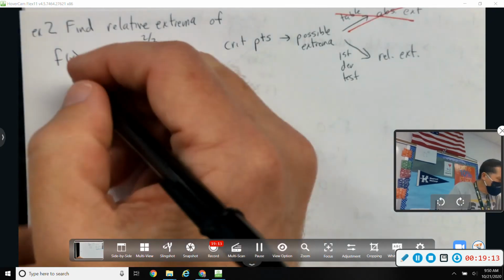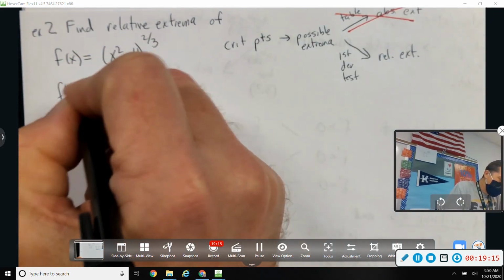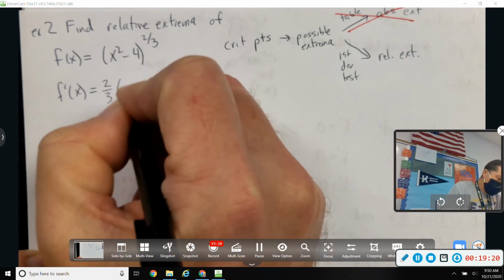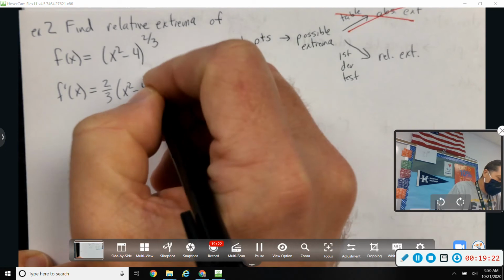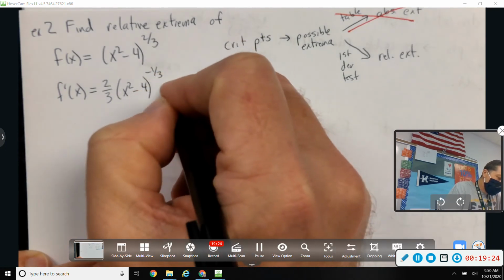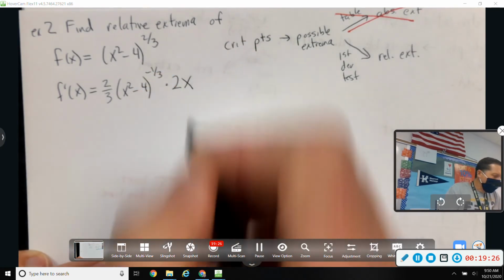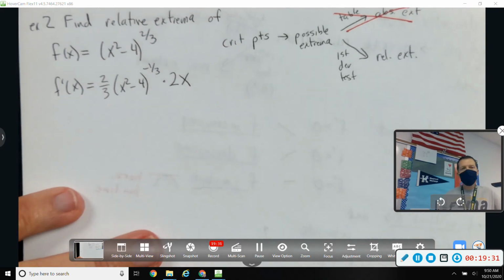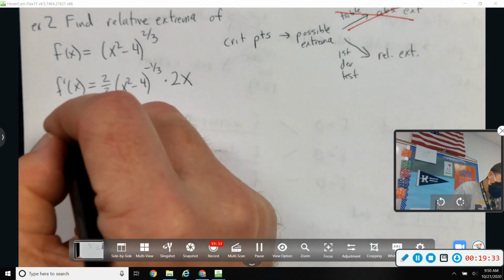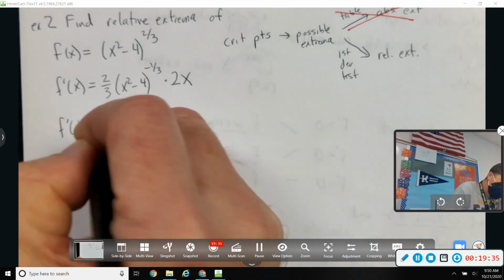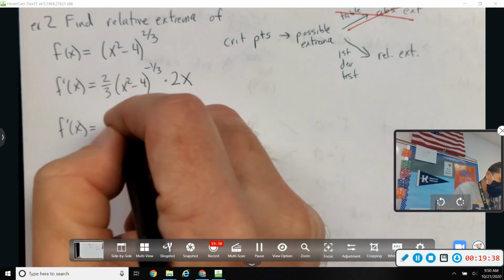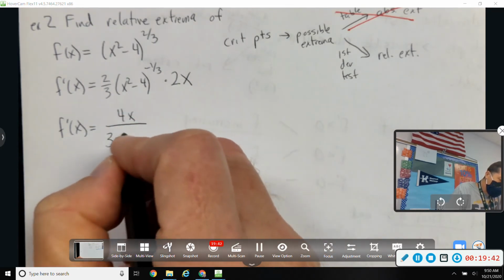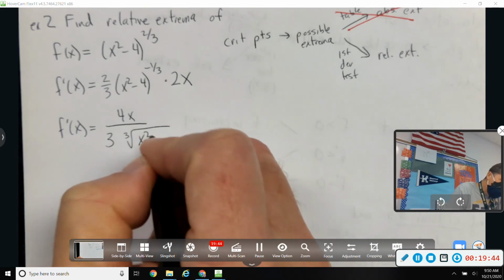All right, so critical points are the derivative. Okay, so 2/3 times the thing to the -1/3 times the derivative. So chain rule, don't forget chain rule. If I rearrange some things here, I'll have 4x in the top, and in the bottom I'll have 3 times the cube root of x squared minus 4.